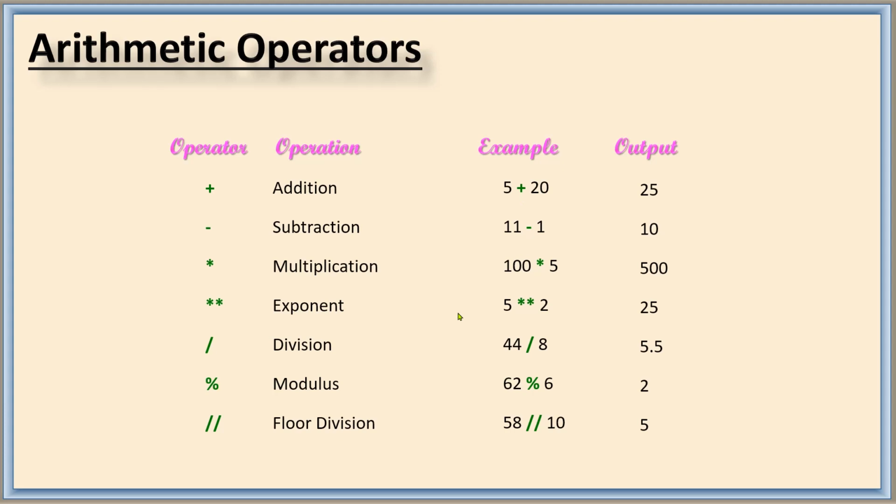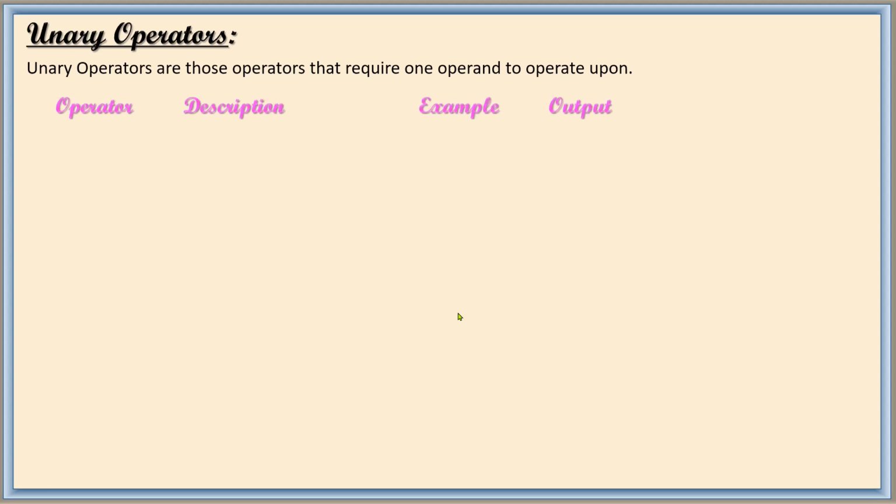Here all the operators used 2 operands. Python also provides an operator where only one operand is used. That is called a unary operator. There are 2 unary operators, plus and minus. When we say plus, that is also a binary operator, so we always call it unary plus.